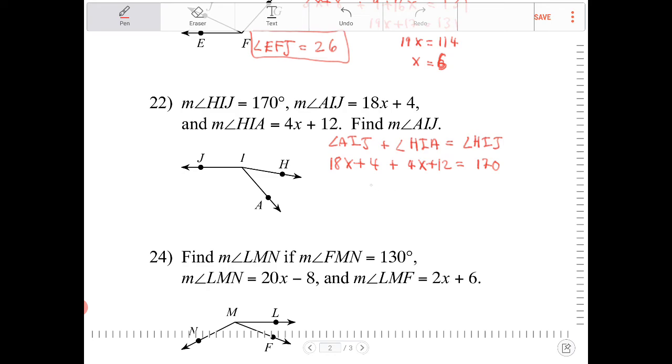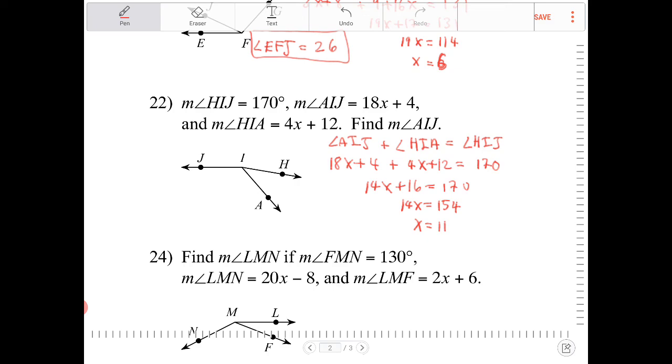Subtract both sides by 4x, I end up with 14x plus 16 is equal to 170. Subtract both sides by 16, I end up with 14x is equal to 154. Divide both sides by 14, I end up with, what is this? 11? Yes, x is equal to 11.